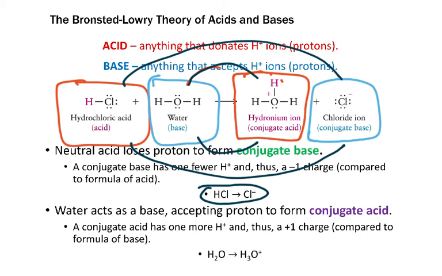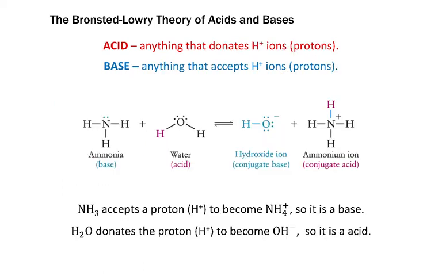So the water acts as a base, accepting a proton, and it forms a conjugate acid. So the conjugate acid has one more H plus and a positive charge compared to the neutral base. We'll come back to conjugate pairs later as well, so we'll revisit this idea. Let's look at another example.